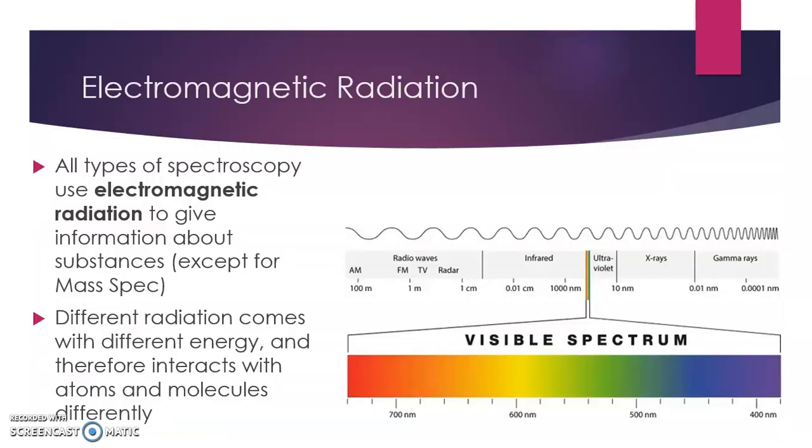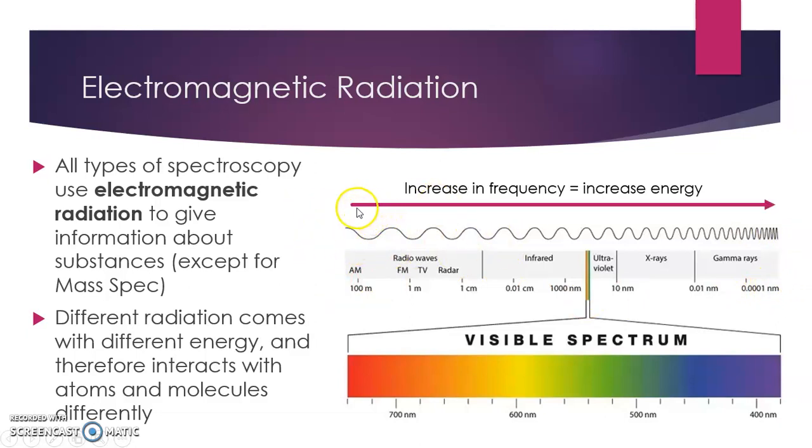So first of all, types of spectroscopy. If we call something a spectroscopy, then we are basically using electromagnetic radiation to analyze it. Here is a part of the spectrum that we commonly use. Going from left to right, all electromagnetic radiation is basically waves with different energy.